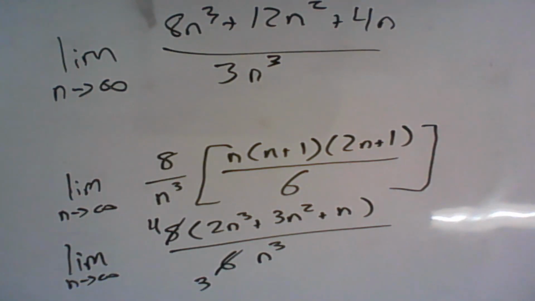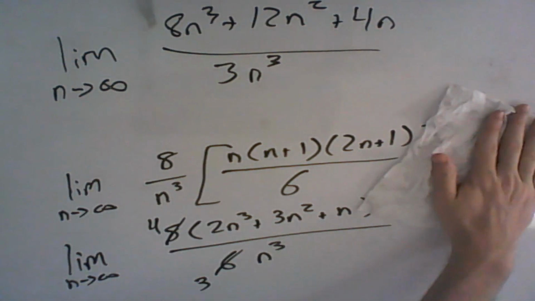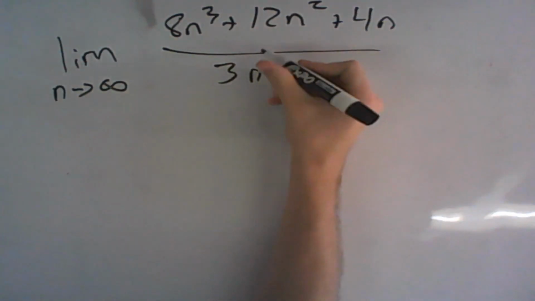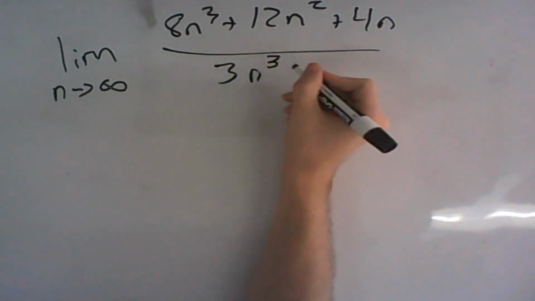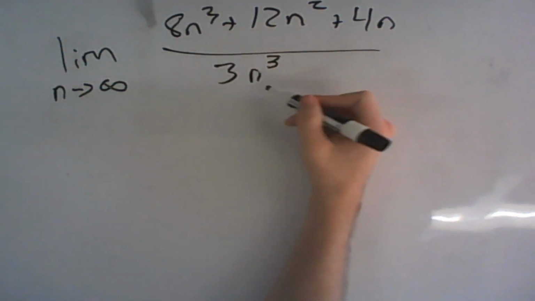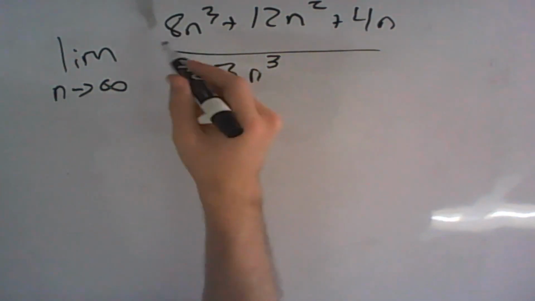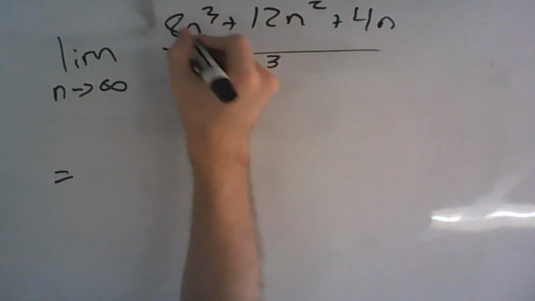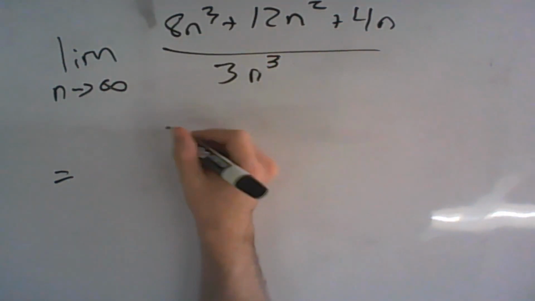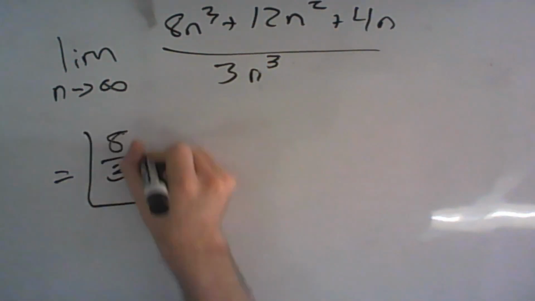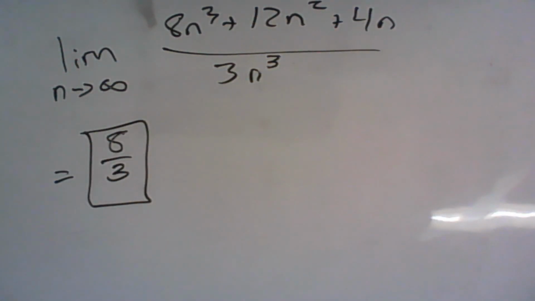What's the greatest power on the numerator and in the denominator? The greatest power on the top is 3. The greatest power on the bottom is also 3. So then we look at the coefficients of these two, and you do 8 over 3. That's your answer, okay? You don't have to show more work beyond that.